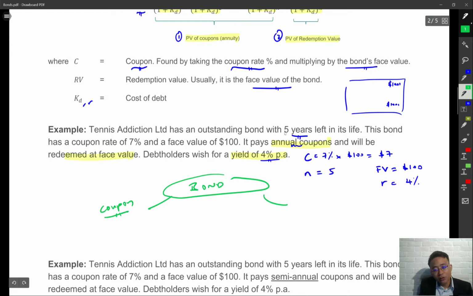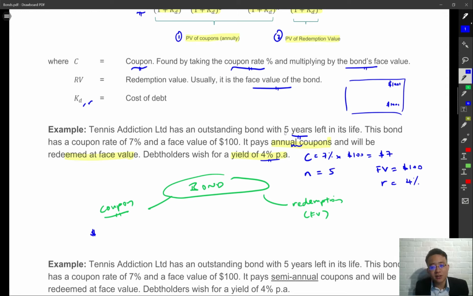Second cash flow, what you get upon redemption, which in our question we know to be the face value. Now, how do we work out the coupon? I'm going to get $7 every year for 5 years. What does that sound like? That sounds like an annuity.